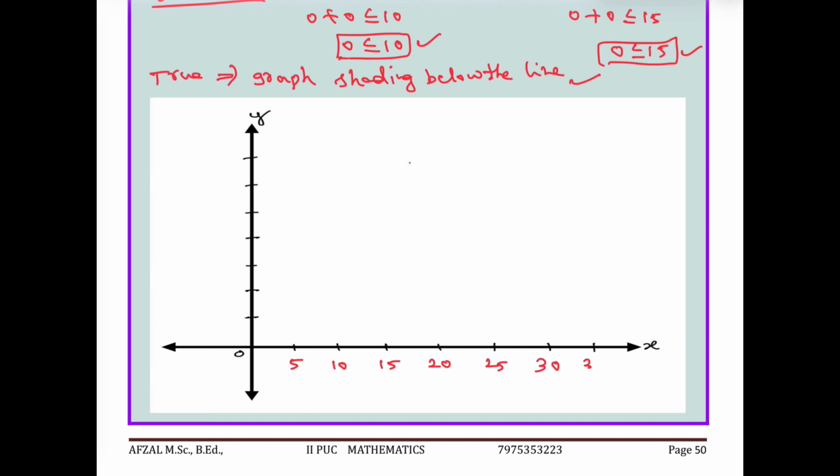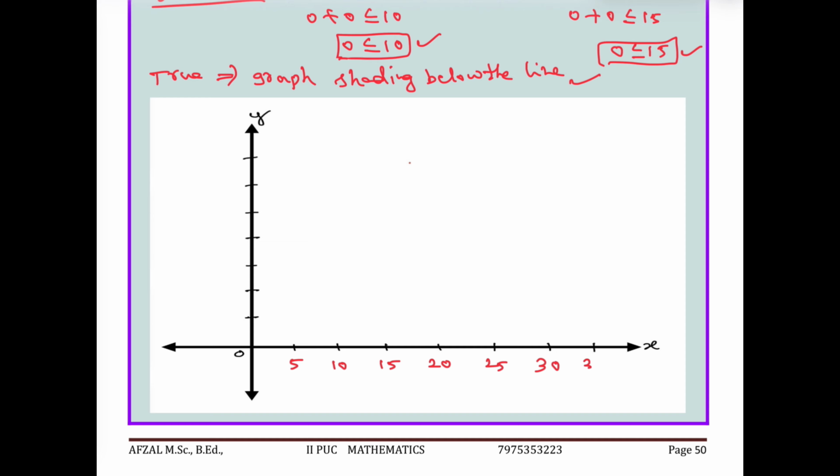Rate of increase of radius, dr by dt equals question mark when radius is 15 centimeter.